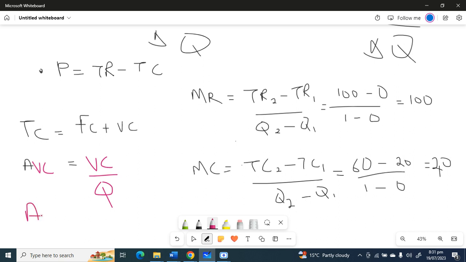Average fixed cost is total fixed cost, FC, divided by Q. Yeah, these are the other two, the other three formulae.